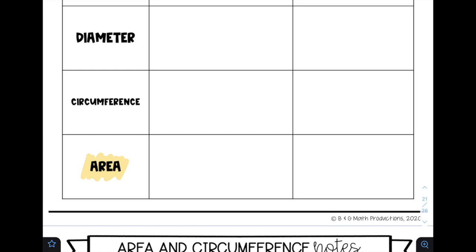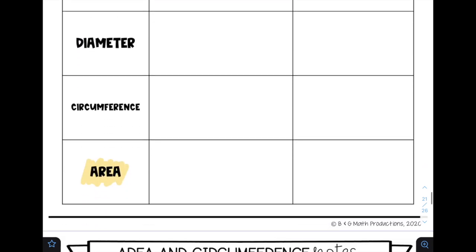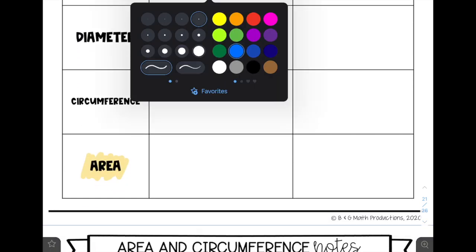Your area is the measurement that's inside the circle. So everything that is inside of this, all of this would be considered the area. And it is a measurement. You are using a calculation to figure it out.